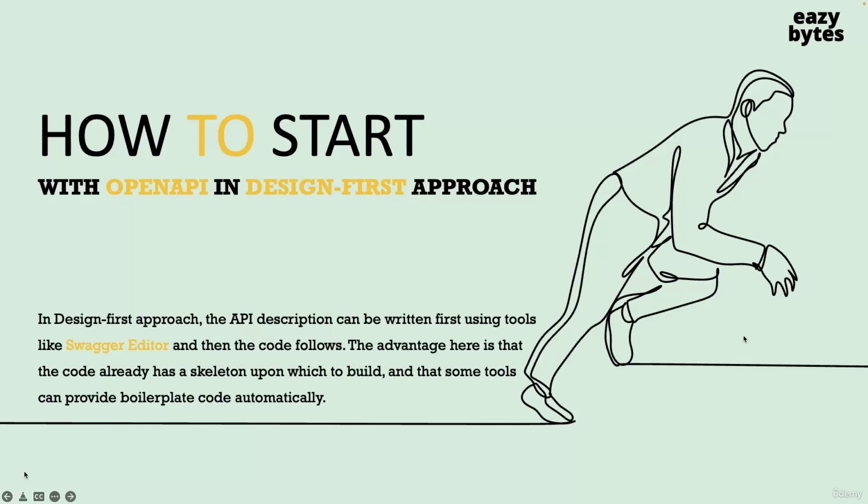This is again a tool developed by the Swagger team, which you can use inside the browser itself. Once you start writing the OpenAPI specification based upon the structure that we are going to discuss in the coming lectures, the Swagger Editor is going to provide you inline feedback. Whenever you make a mistake, it will immediately give feedback saying that so and so mistake is there inside your OpenAPI specification.